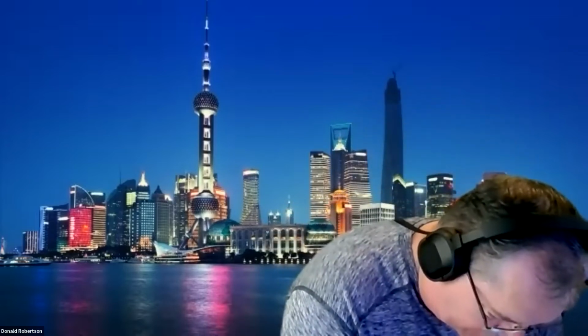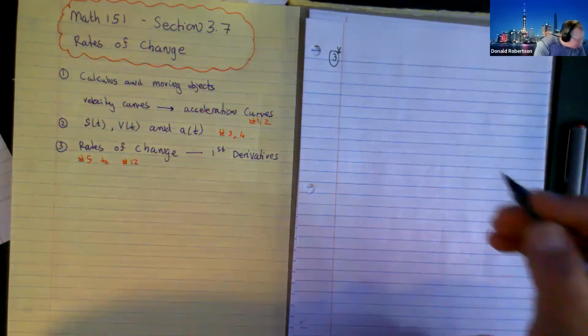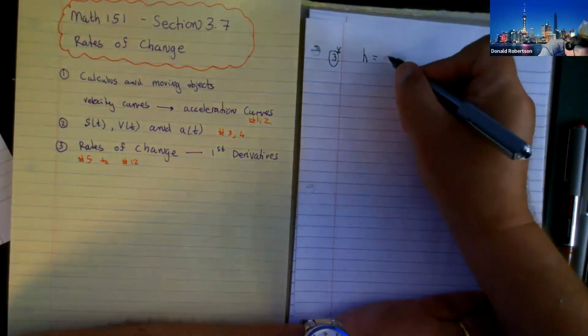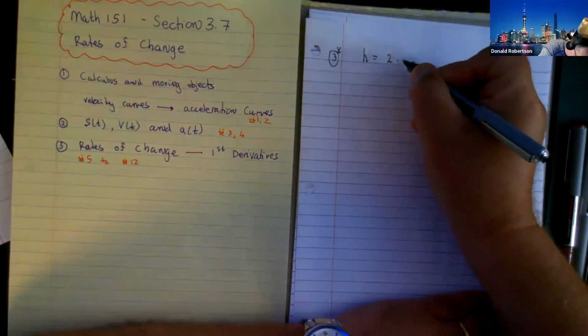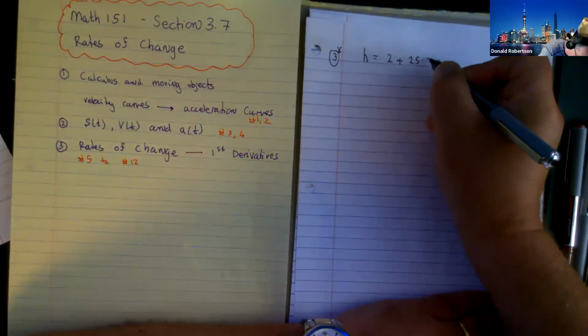So what we're going to do now is things that we have done before. We've done questions like this. So this is a version of question 3. I don't think you can see it yet, can you? Right, this is a version of question 3. An object is chucked into the air and its height at any given time, t, is given by this ugly formula.